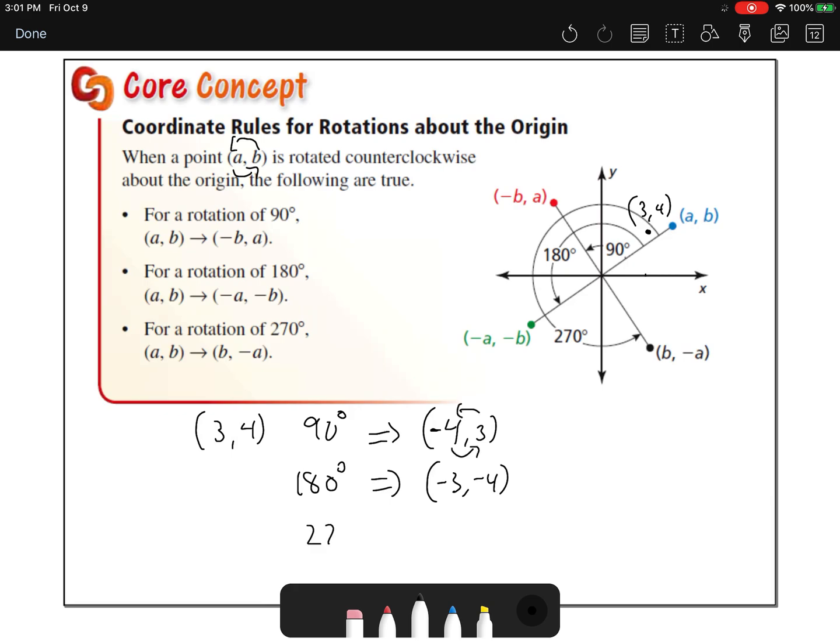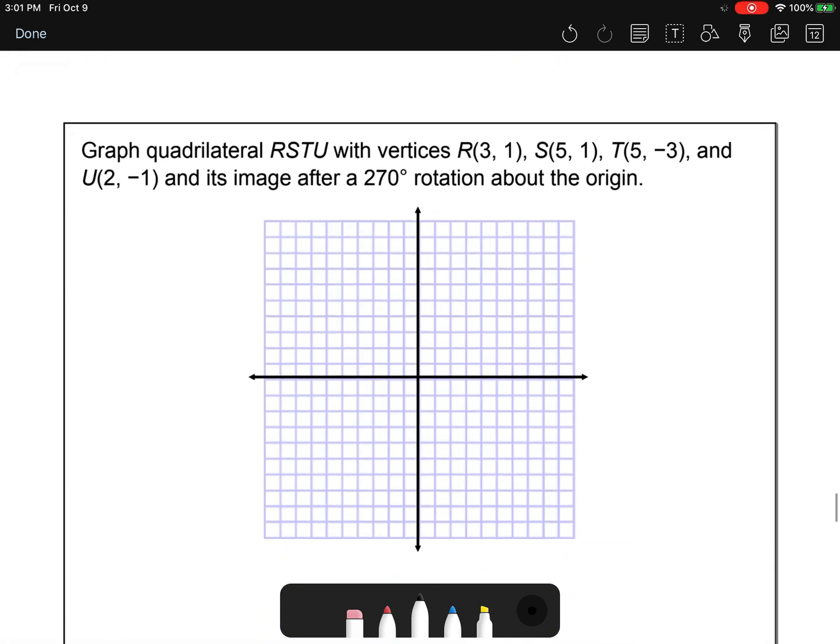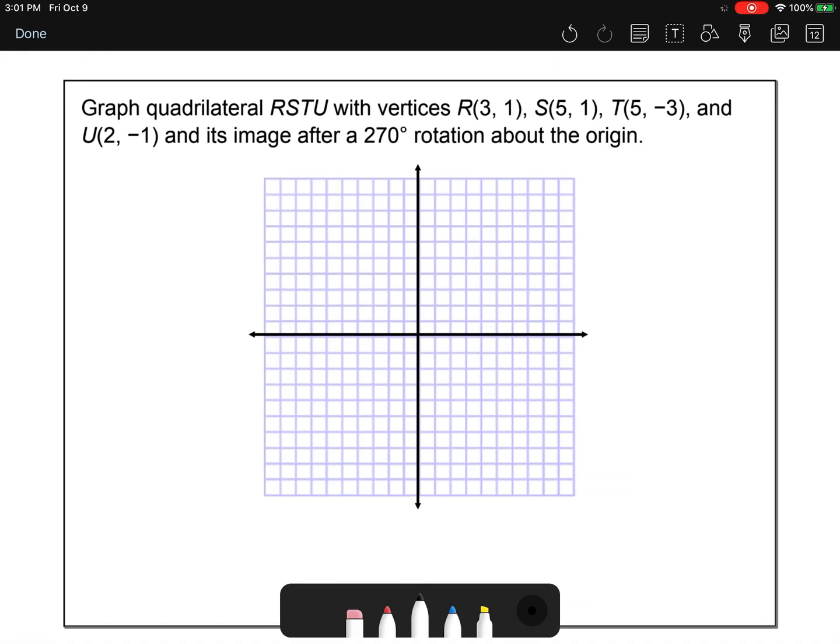So now it's -3, -4. If I go a third time, 90 degrees, I would flip and change the sign. And if I went 360, which is back to the original, I end up back at the same place. Pretty cool concept.